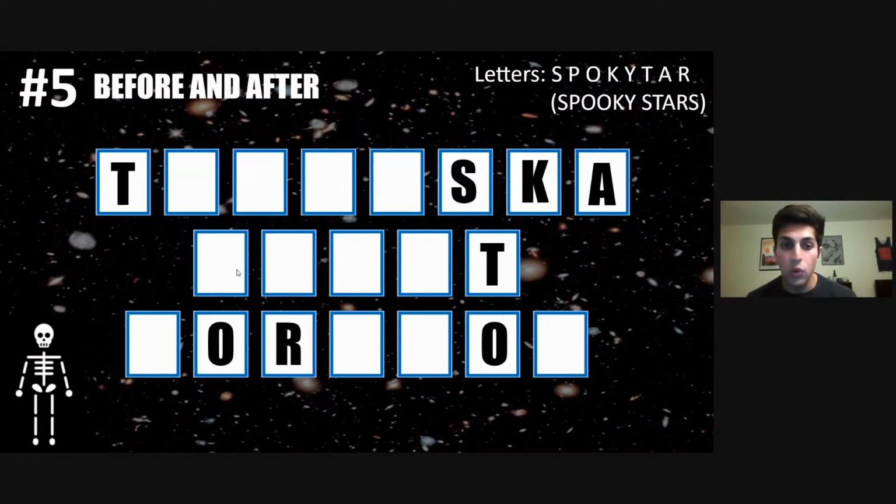So the first word and second word here together make up a term, and then the second word and third word make up another term. Both of them are astronomy themed, but they are independent of each other. The only thing they have in common is that they share this middle word here. I hope that made sense to everybody.